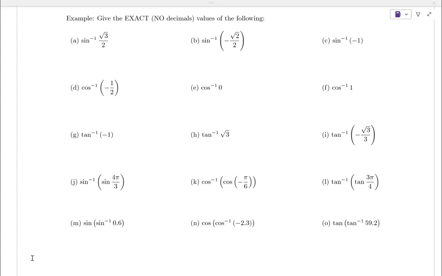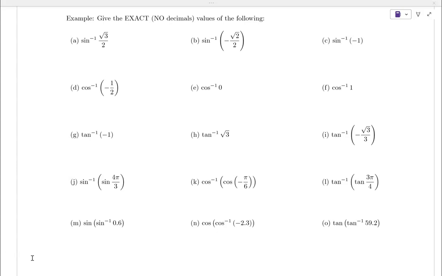Now again, there's lots of different angles that work. Pi over 3 works, 2 pi over 3 works, and then you could keep going around in circles again, adding any multiple of 2 pi that you want. But remember, we restricted the sine function to be able to define the inverse sine function. Anything that comes out of the inverse sine has to be between negative pi over 2 and pi over 2. You get an angle either in quadrant 1 or in quadrant 4.